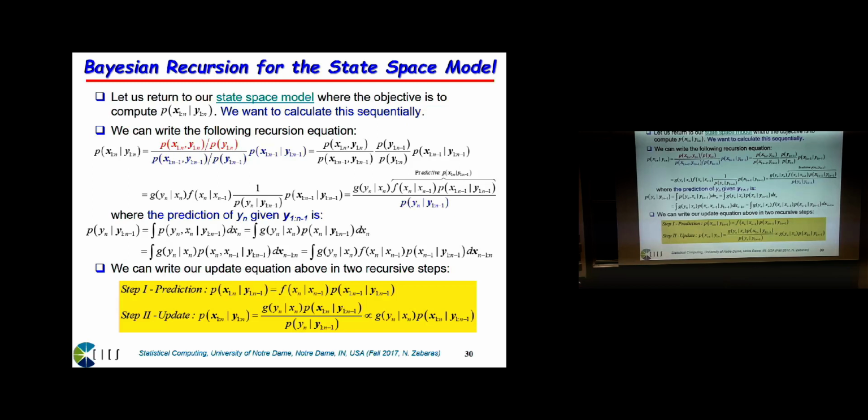Will you be able to predict one time step ahead of your data? Will you be able to do this calculation at each time? Yes, you know this. Do you know this? From where are you supposed to know this second term?